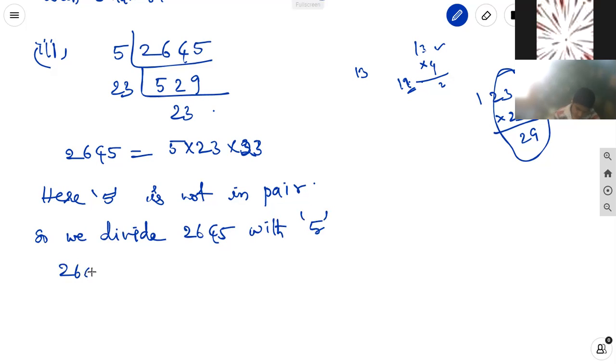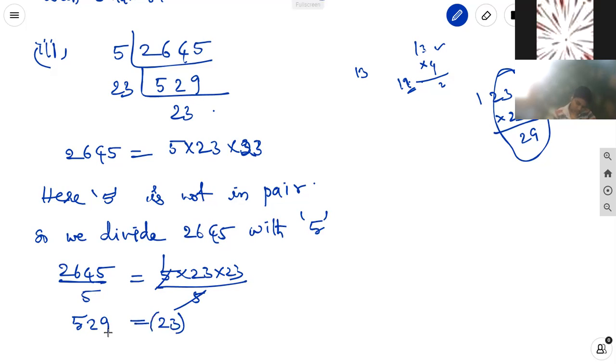So 2645 divided by 5 is equal to 5 into 23 into 23 divided by 5. 5 ones are 5. Here 5 fives are 25, 5 twos are 10, 5 nines are 45. It is equal to 23 whole square.